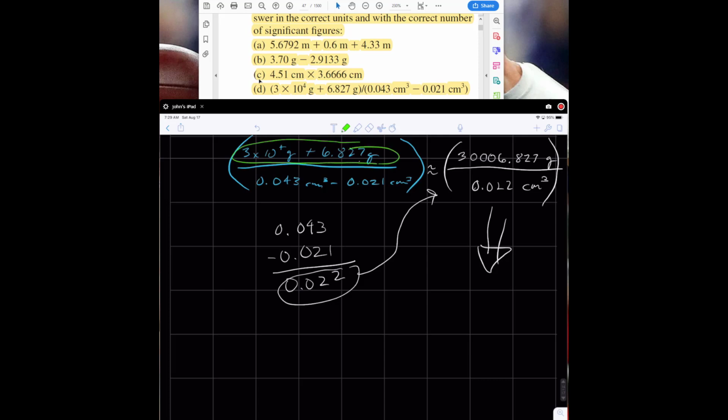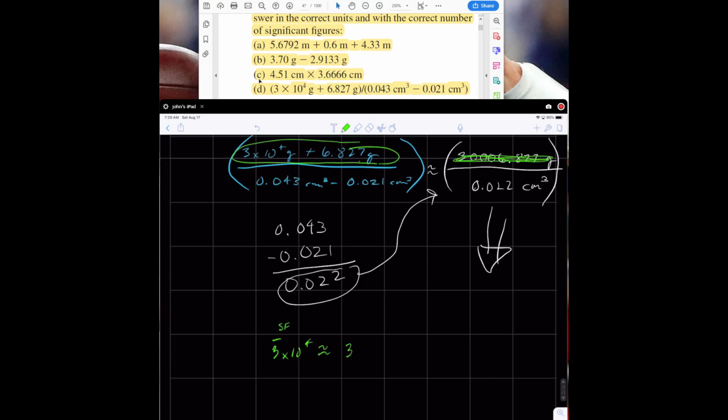This portion right here, we need to redo it. Because when we look at 3 times 10 to the 4, this is 1 sig fig.